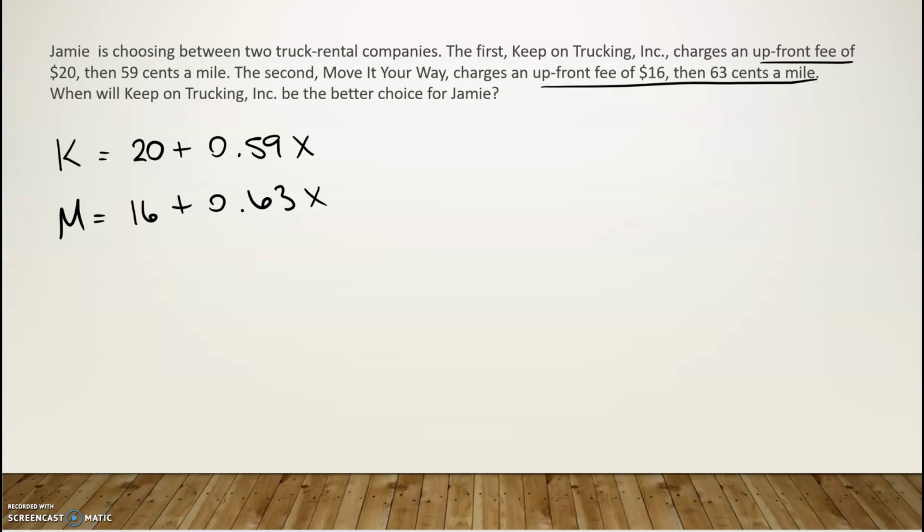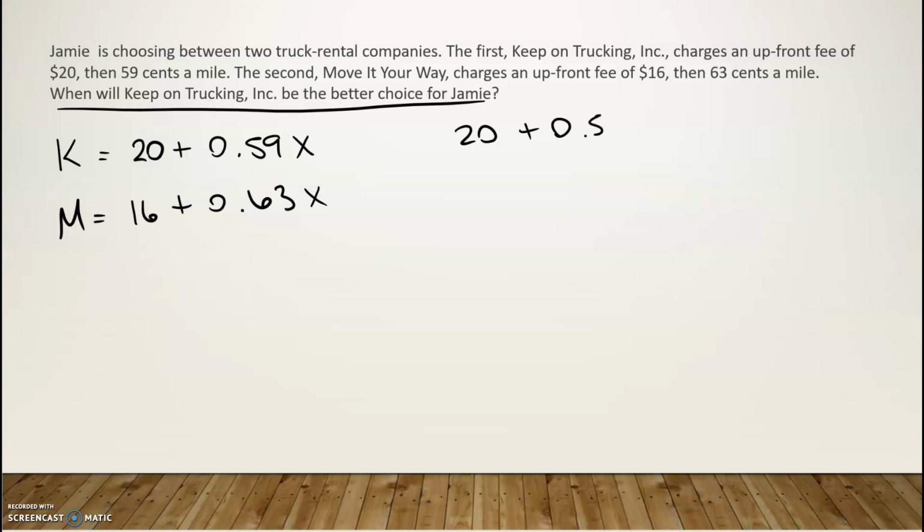Then our question is, when will Keep On Trucking be a better choice for Jamie? So a better choice in this situation would be the one that has a lower cost. So what we would do is take these two, and let me put it over here, set it up like this.